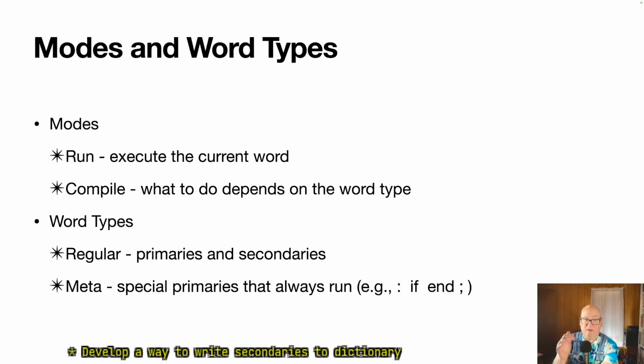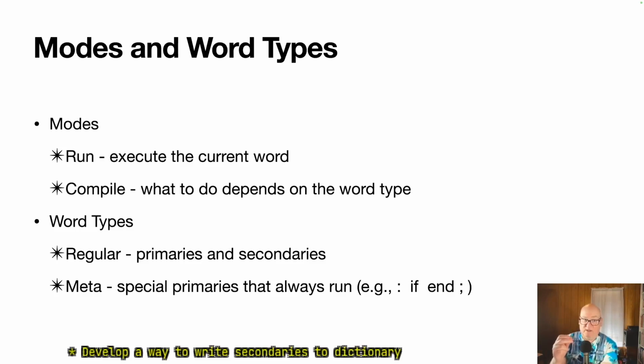And compile is definitely more complicated in a sense because what you do depends on the type of word you've got. Okay, so there are two types of words. We've always talked about primaries and secondaries, but there's the notion of, I use the word meta.